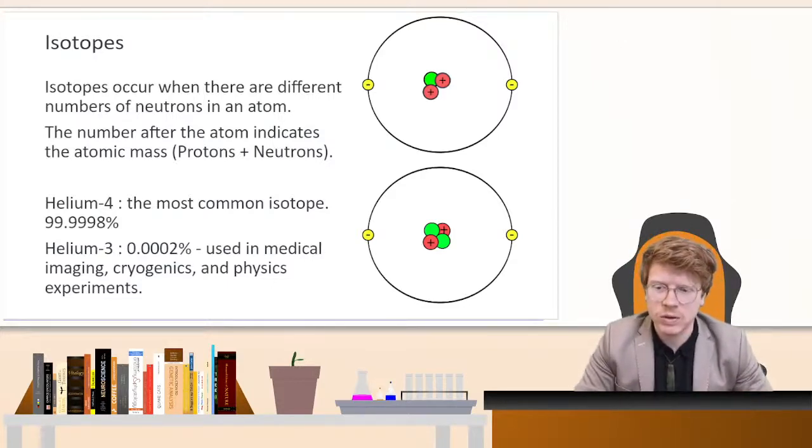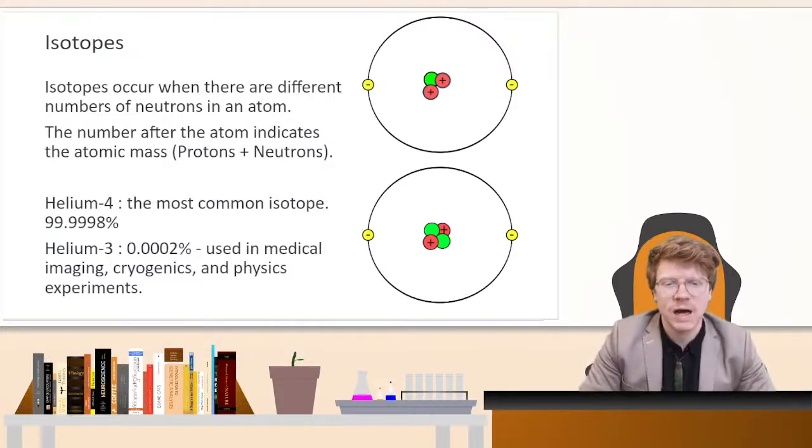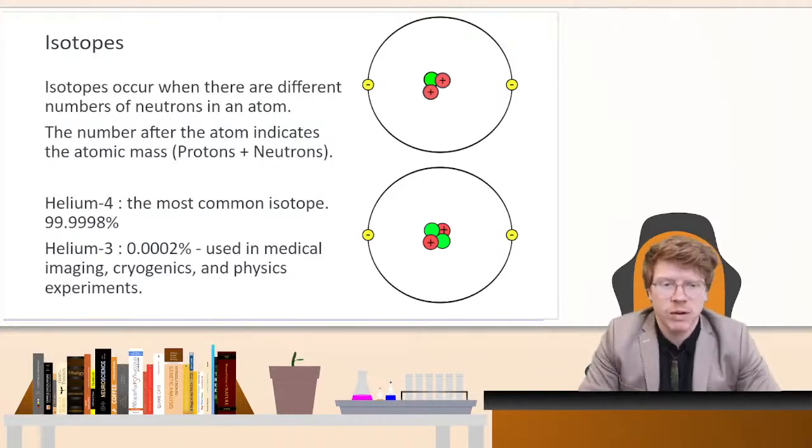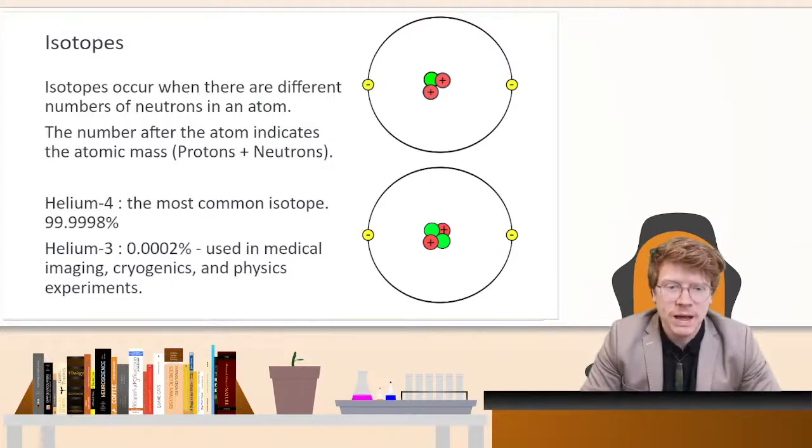This might come up from time to time: isotopes, right? We'll talk about ions in a moment, but isotopes are the other kind of funky form of atoms. Isotopes happen when there are different numbers of neutrons. We don't talk about it more than what information is on this slide. Here you can see we've got helium-4 and helium-3.